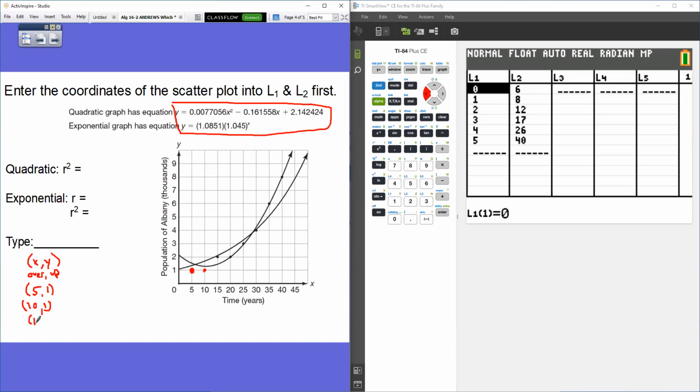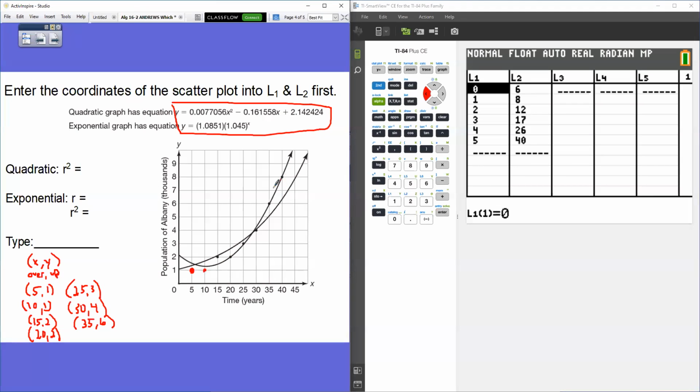15, 2, I see a dot at. I see a dot at 20, 2. I see a dot at 25, 3. I see a dot at 30, 4. I see a dot at 35, 6.